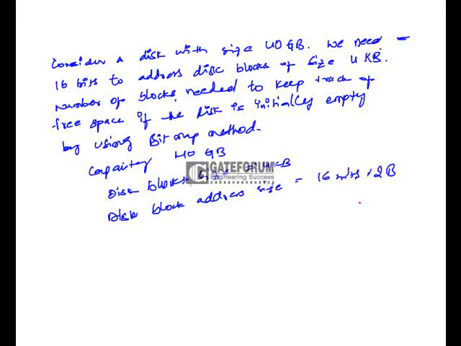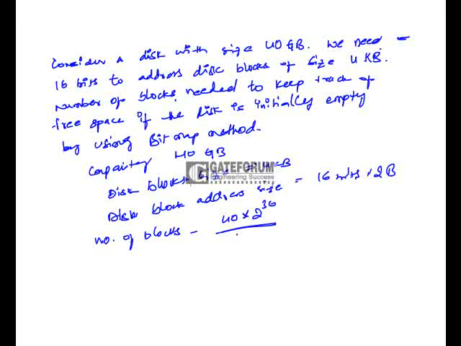So here now we have to calculate the total number of blocks in the disk. It is given that the disk is initially empty. So the number of blocks is equal to total size, 40 GB, which is 40 into 2 power 30 bytes, divided by disk block size.